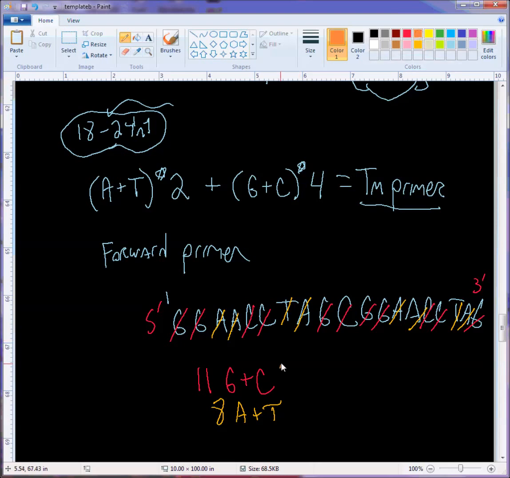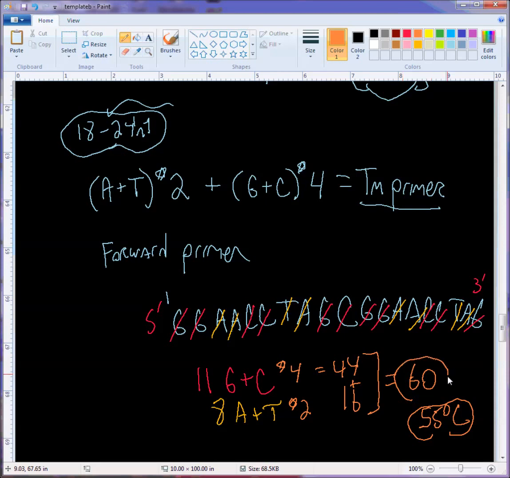I'm going to multiply this by 4. I'm going to multiply this by 2. So we're going to have 44 here. We're going to have 16 here. When we add these together, this is going to equal 60. So we're going to want an annealing temperature of 55 degrees Celsius, assuming that, you know, this is the lowest TM. This primer TM is lower than the TM of the reverse primer. So pretty easy, right? Pretty easy to choose the annealing temperature.